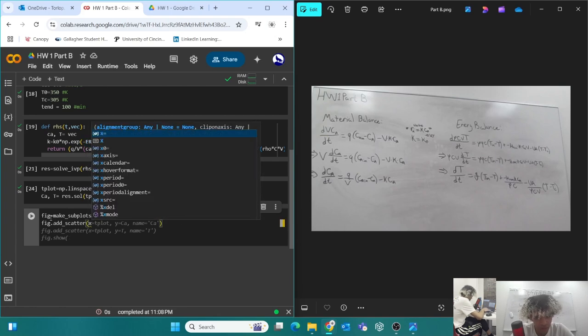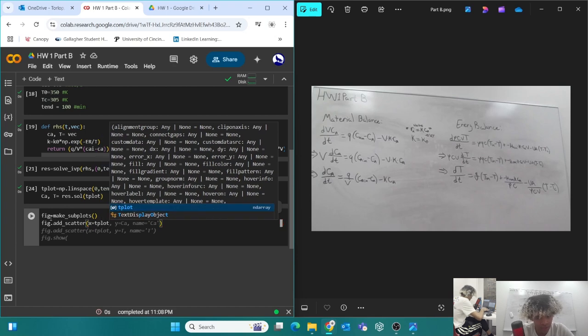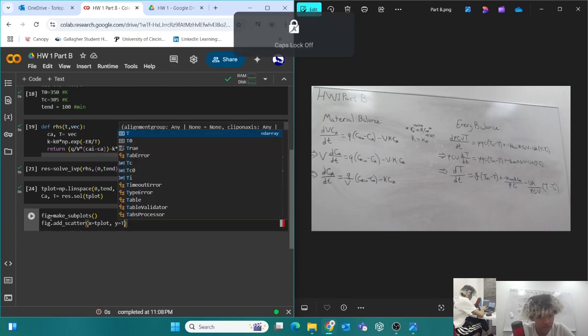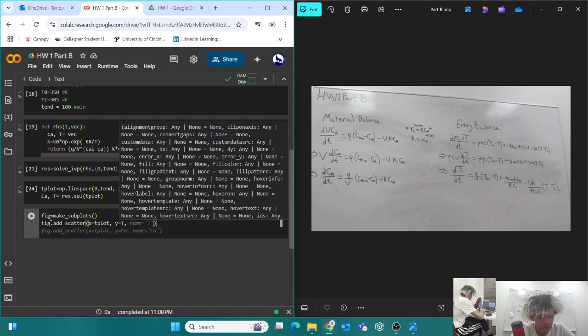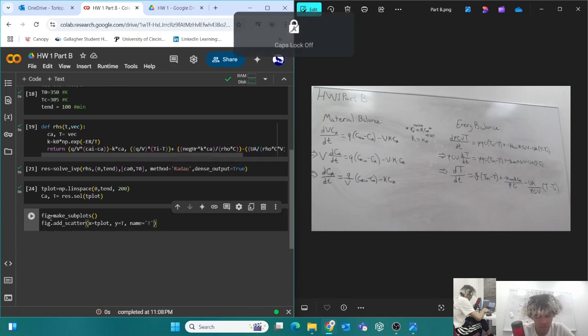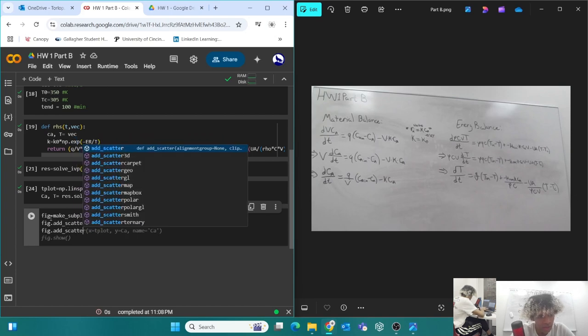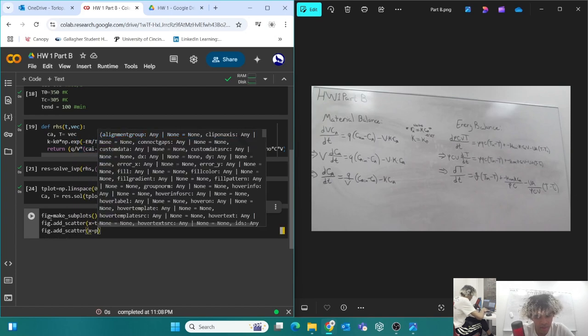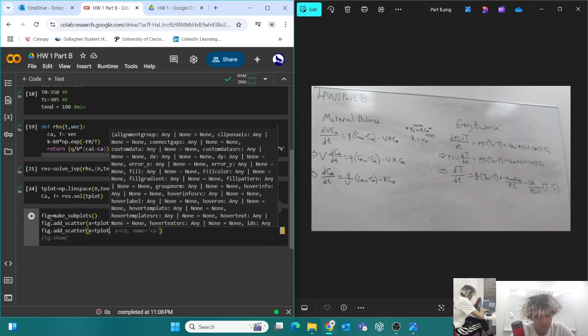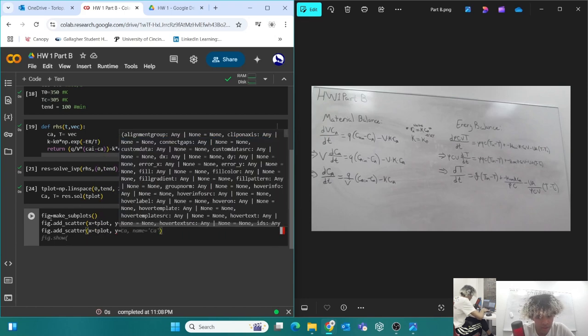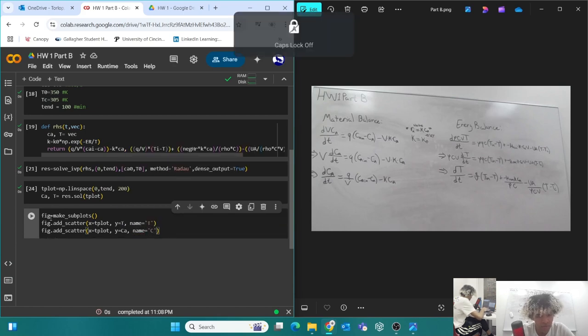So then we're going to do x equals t plot, then y equals T, and the name is equal to T. And then do fig.add_scatter. And then we're going to do again x equals t plot, y equals CA, and then we have name is equal to CA.